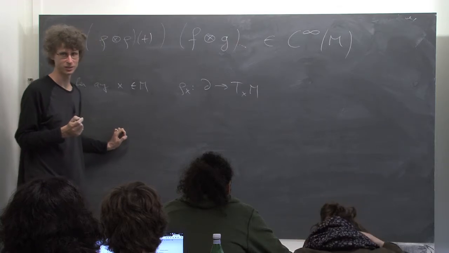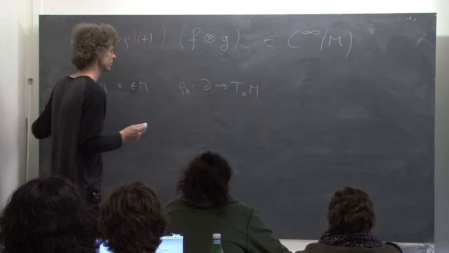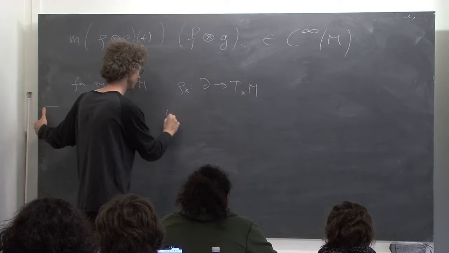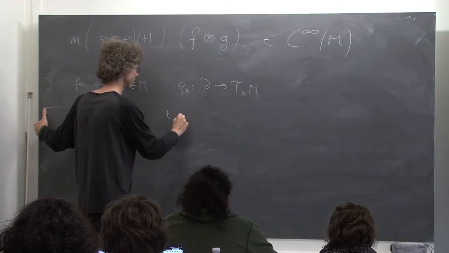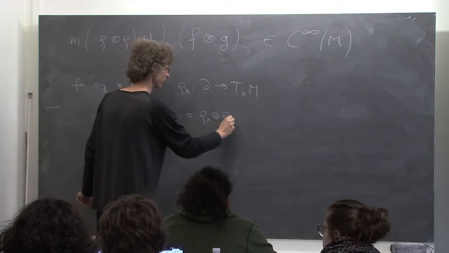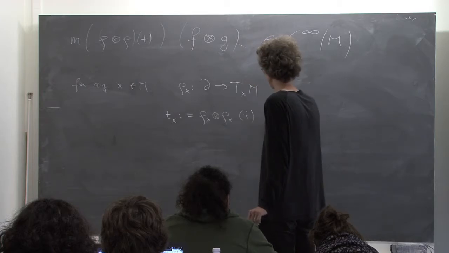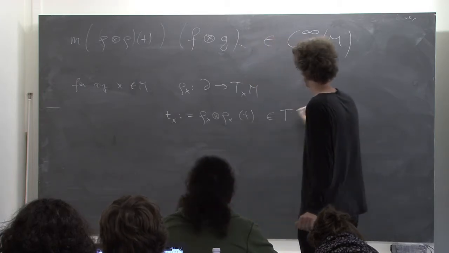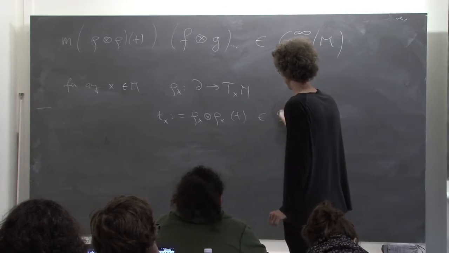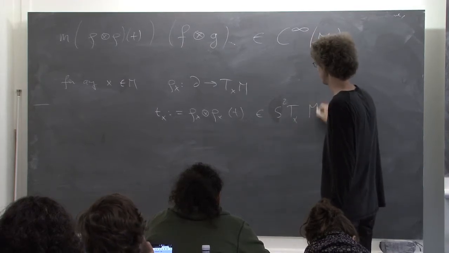It's just our representation. Then we can take, let me call it T_x, that would be rho_x tensor rho_x of T. That lives in T tensor T, or rather S^2 of T_xM, because it's symmetric.